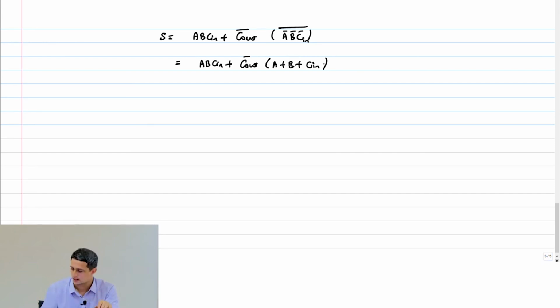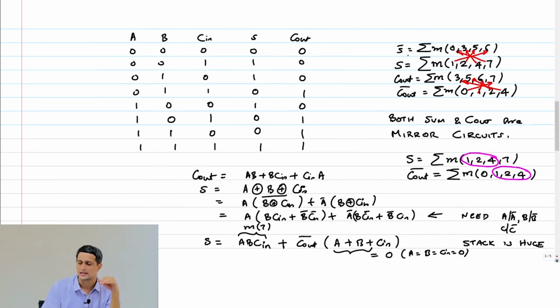His question is, I gave a hand waving statement that the mirroring property holds by showing that the sum, 1 goes to 6, 0 goes to 7, 3 goes to 4, 2 goes to 5. Question is, how do you know that the mirroring holds when Cout bar is an input to this function?